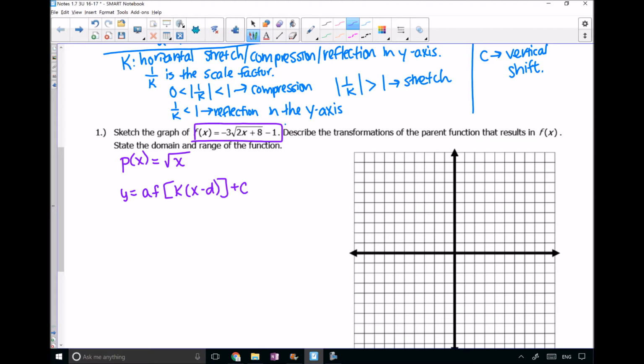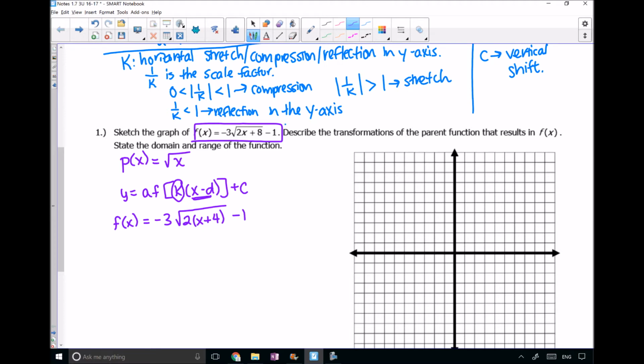So notice how the k is factored out of this x minus d. Notice how this 2 is not factored out. So we need to factor that 2 out first. So I'm going to write this out as f of x equals -3 times the square root of 2 times x plus, and when I factor 2 out of the 8, I get a 4, okay? I'm going to close my brackets, and then I have a -1 at the end.